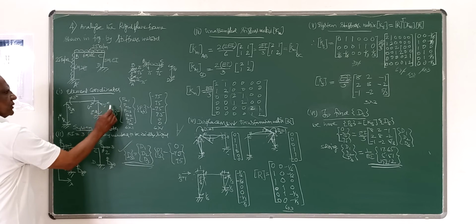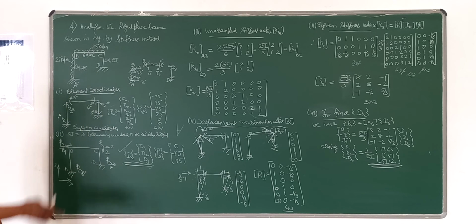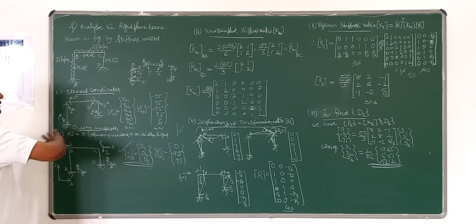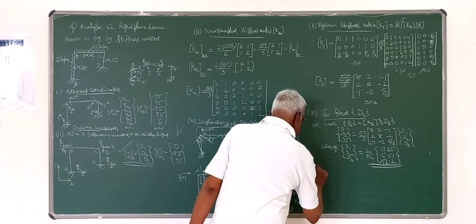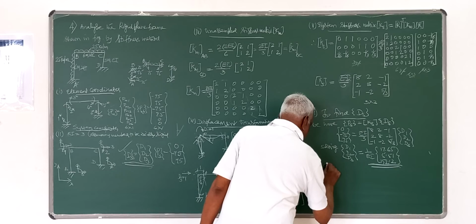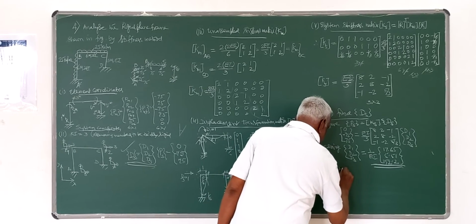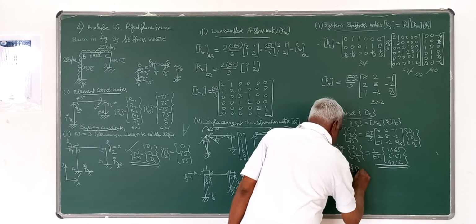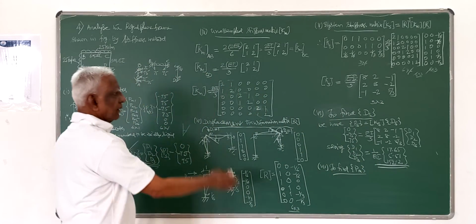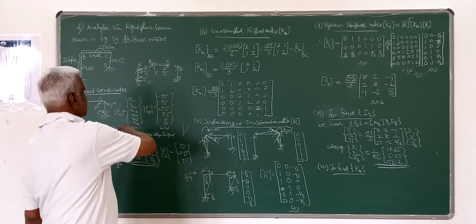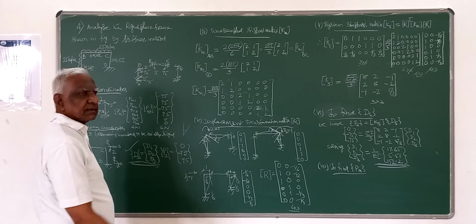Then I have to find out Pm, the member forces. If you determine ds, the problem is solved, then the next step is to find Pm. That is the analysis, finding the internal member forces as well as displacements at the joints.